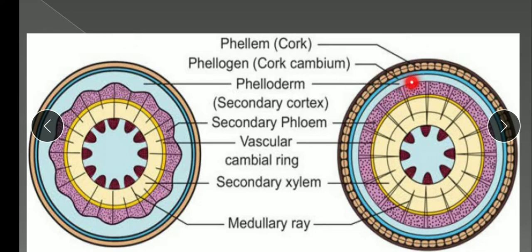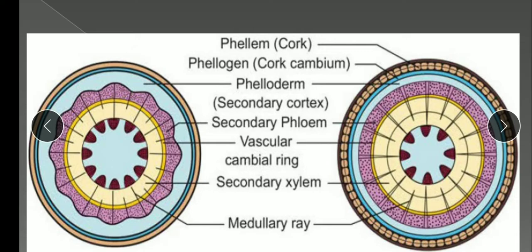So the inner side layer which is formed by the division of the cork cambium is known as the phelloderm. It contains parenchymatous tissue, and these cells are living cells, means this parenchyma is the living one, and they function in photosynthesis and in food storage.